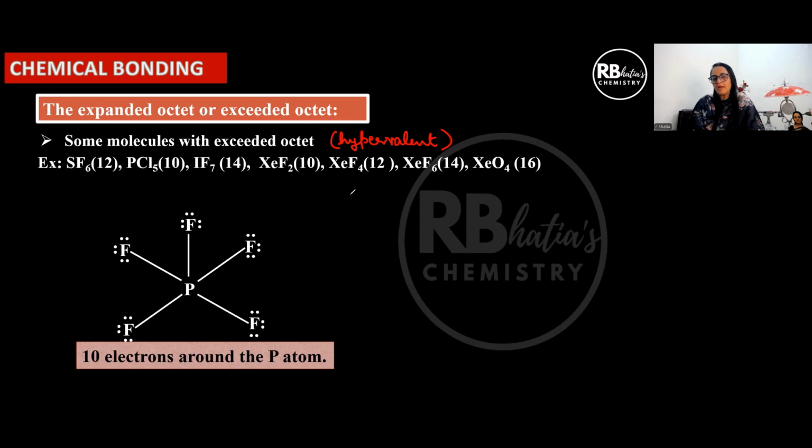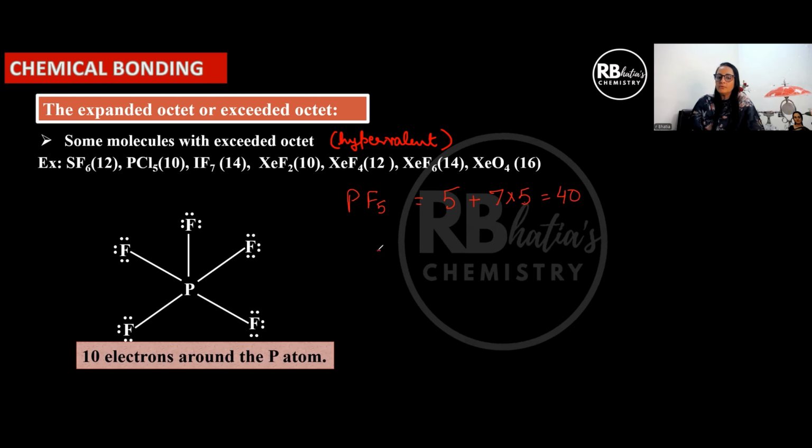So let us suppose I want to draw the Lewis-Strauss structure of PF5. I'll explain how to make it by the same rules that we've studied till now. Let us start with phosphorus valence electrons 5, each fluorine 7. We have 5 fluorines, 7 times 5 is 35, plus 5, 40.